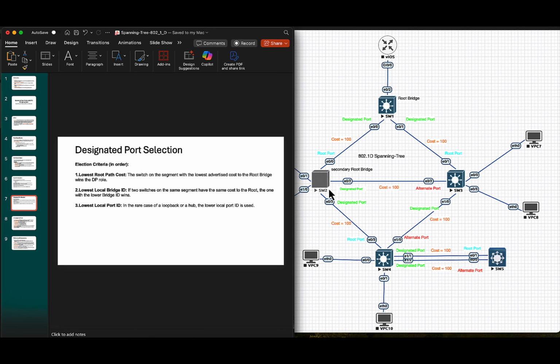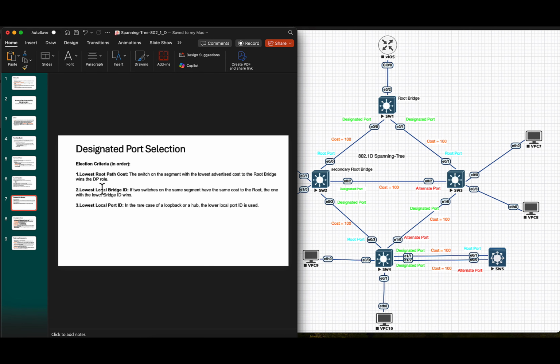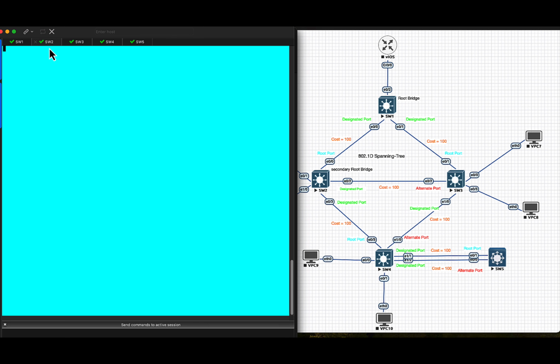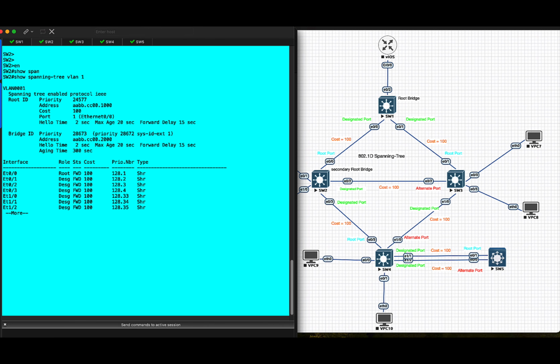So the two switches move to the second criteria, which is the local bridge ID. And again, the keyword is local, which means the switch will look at its own bridge ID to see who's the winner, right? We'll just do show spanning tree one here.